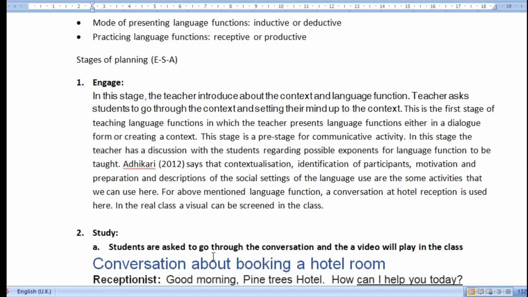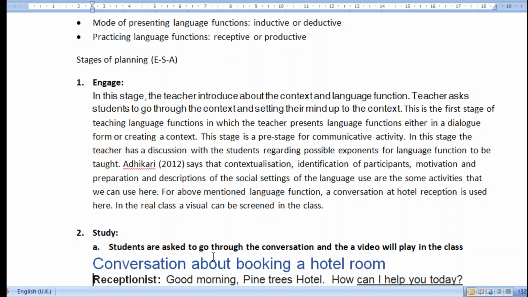In the engage stage, the teacher introduces the context and language functions. Now this is the real lesson plan that you are going to use in the classroom. The teacher asks students to go through the context, setting their minds up to the context. In this section, the teacher builds the environment.